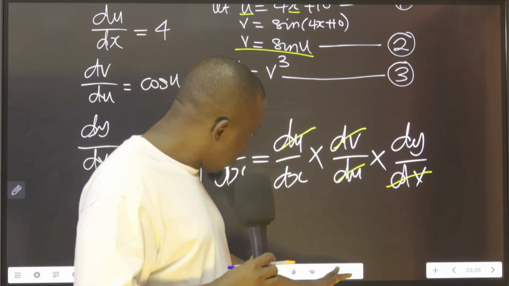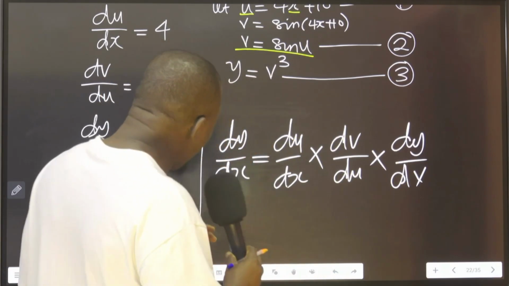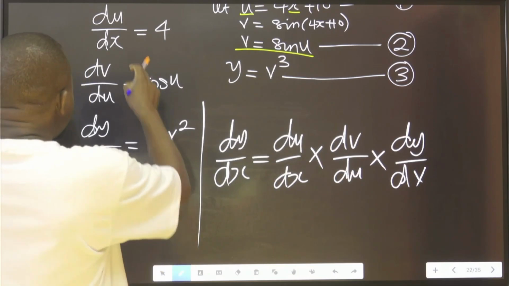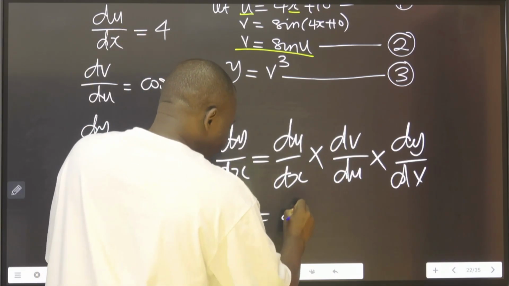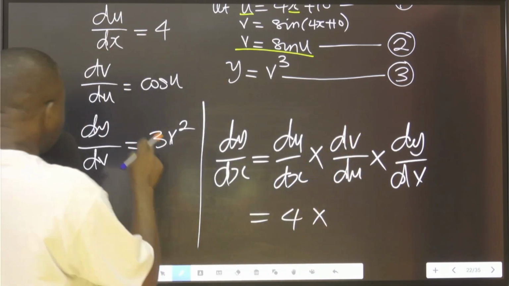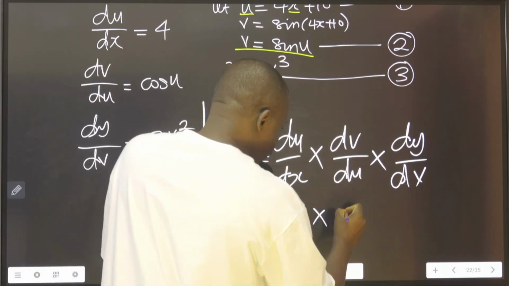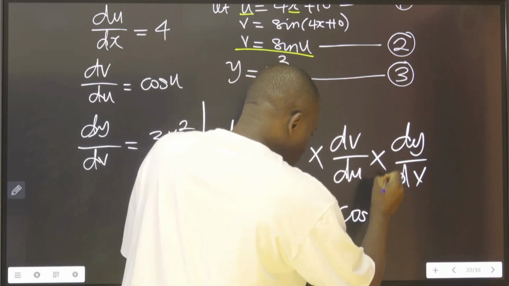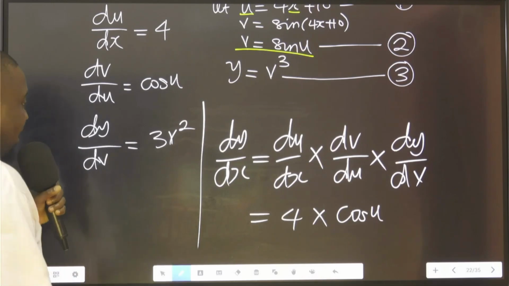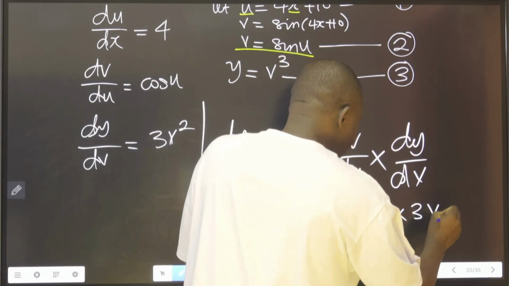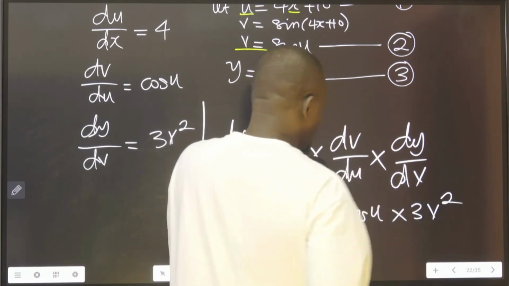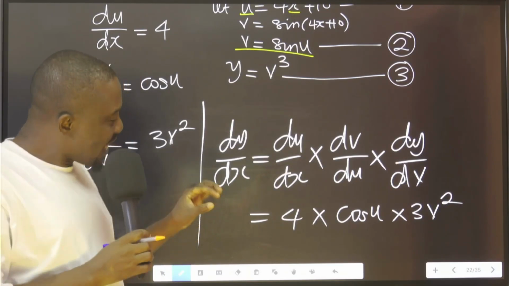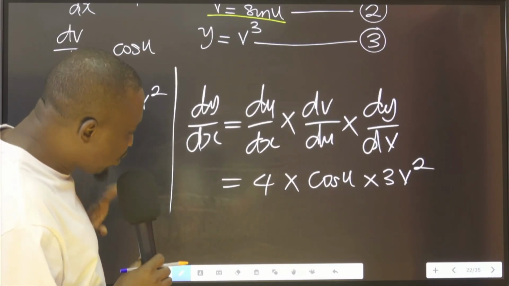Okay, let's continue. Now, what is du/dx? du/dx is 4. What is dv/du? dv/du is cos u. What is dy/dv? It is 3v raised to power 2. With this now, we are good to go.